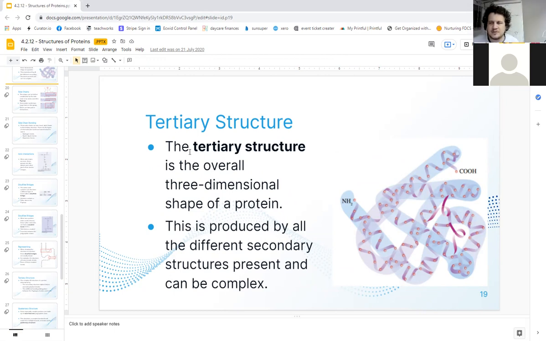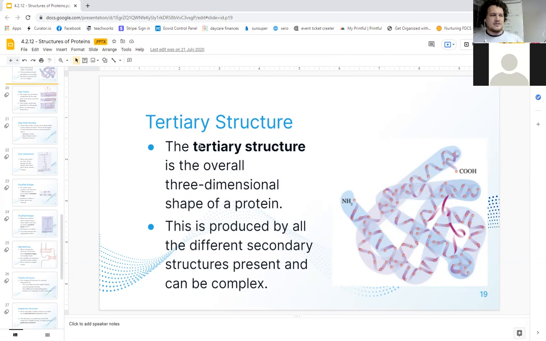So they will fold up into the alpha helices and the beta pleated sheets, depending on the amino acids that are there, purely because you've got NH and CO, and they will naturally go into those.